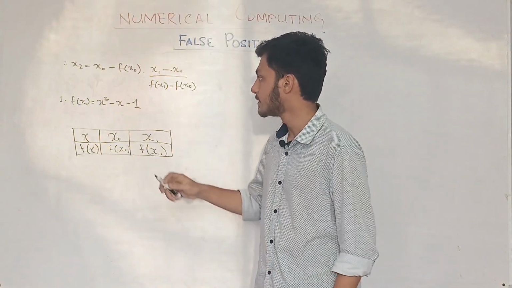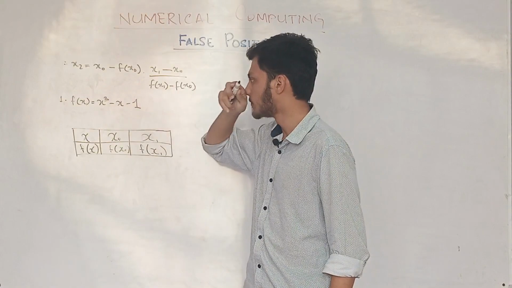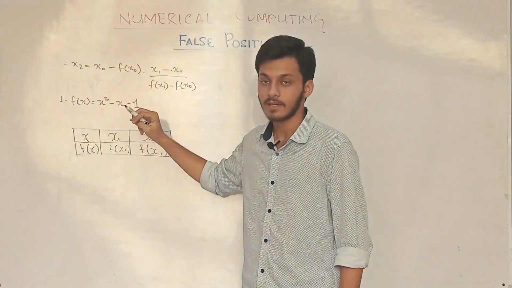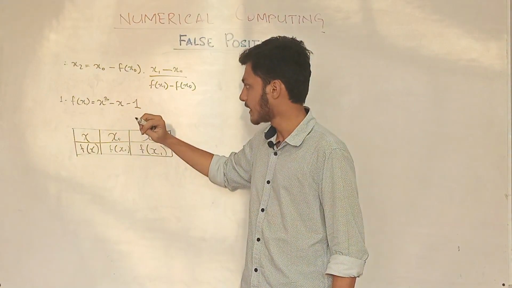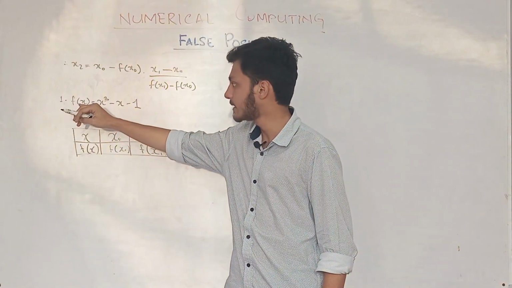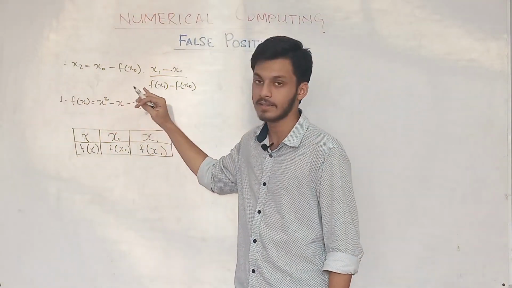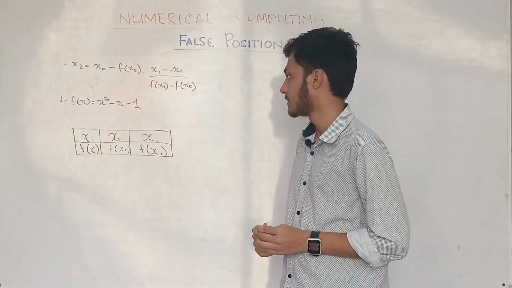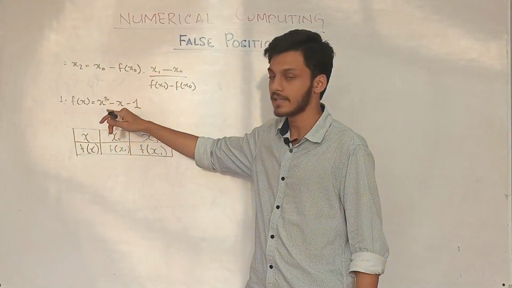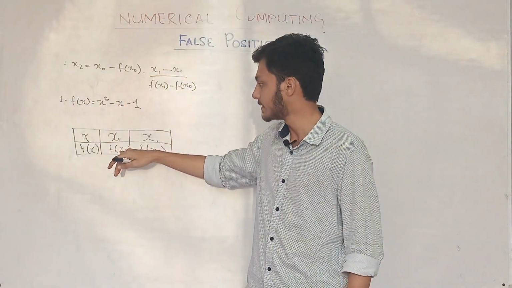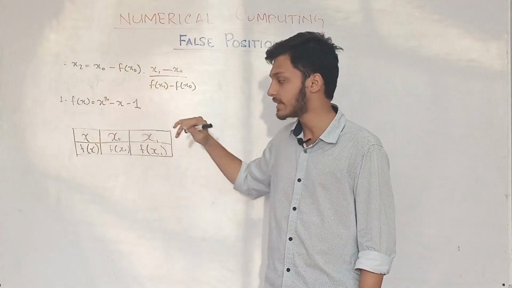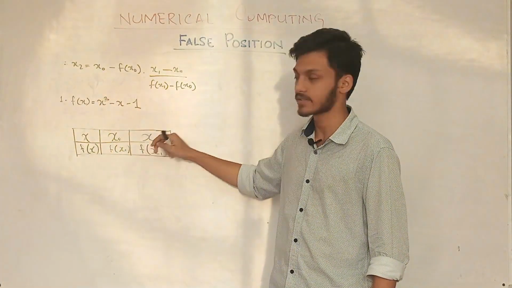After that, we will put the value of x2 in the function, and we will get our answer with either a positive sign or a negative sign. So if we get a negative number, then we will replace x0 with it. And if we get a positive number, we will replace x1 with it.